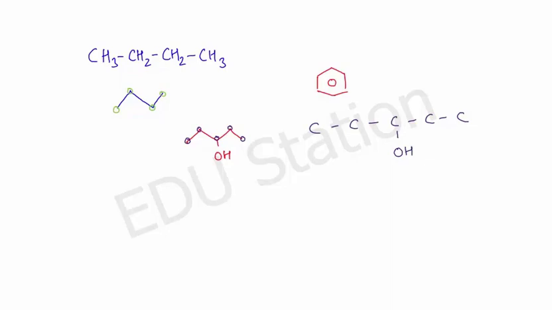You can add the hydrogens, assuming carbon always forms 4 bonds. So the IUPAC name of this will be pentan-3-ol. In your exams, instead of giving you a linear structure like this, a lot of times they will give you bond line. We'll try name one of the bond line structures.